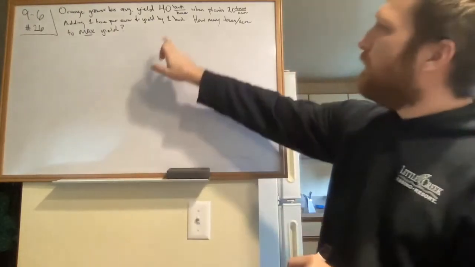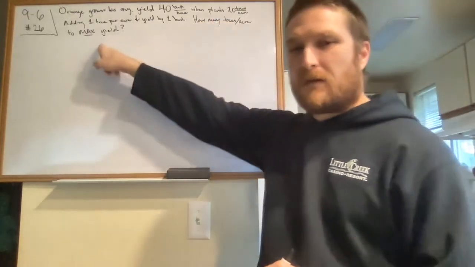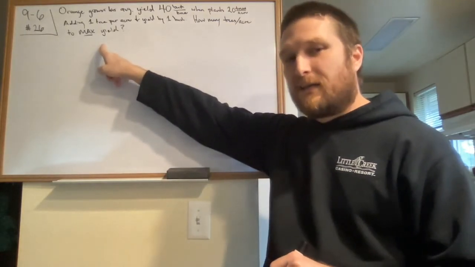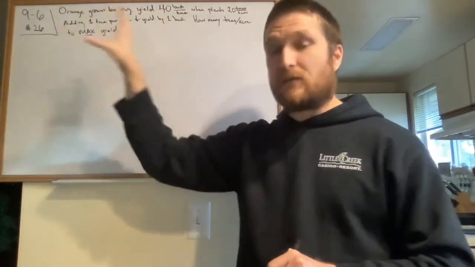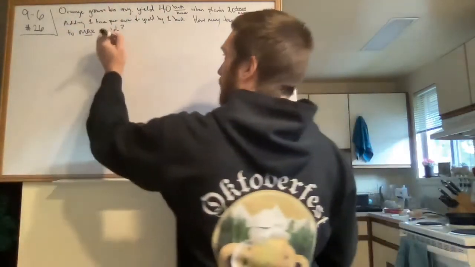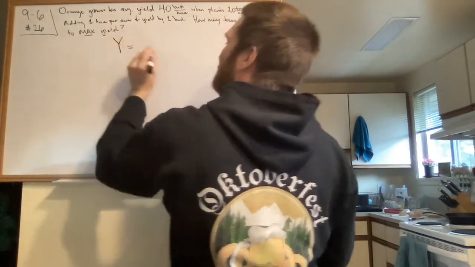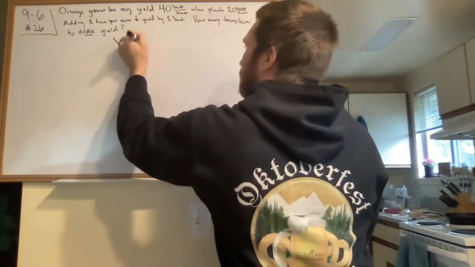Now look at this though. How many trees per acre to maximize the yield? So what we want is our output of the function that we want to maximize to be the yield, and let's call it y for yield. And the input to this function to be trees per acre.